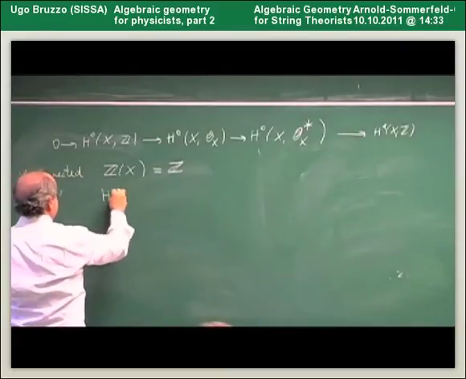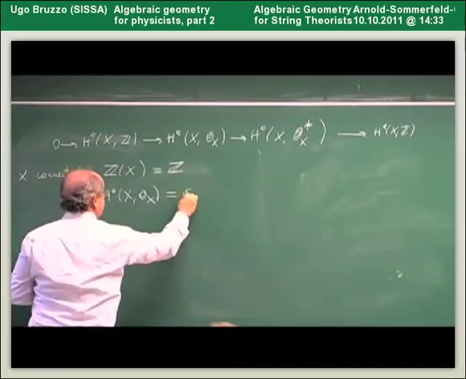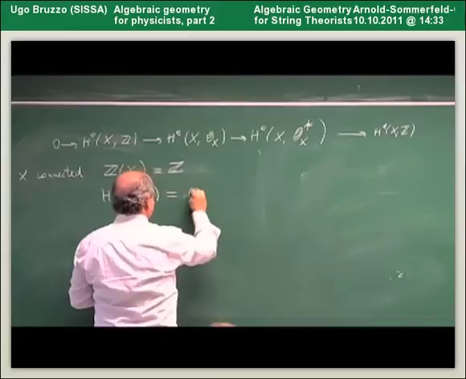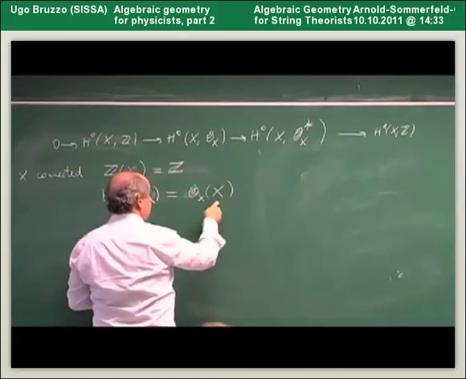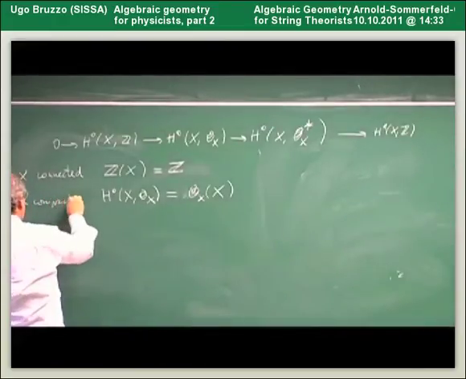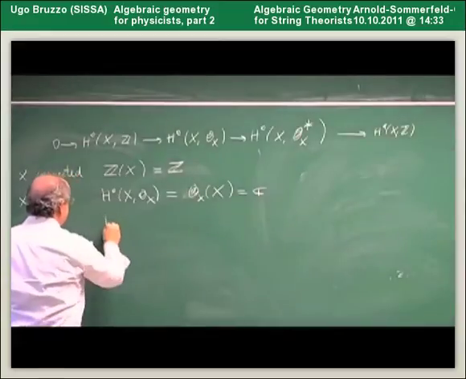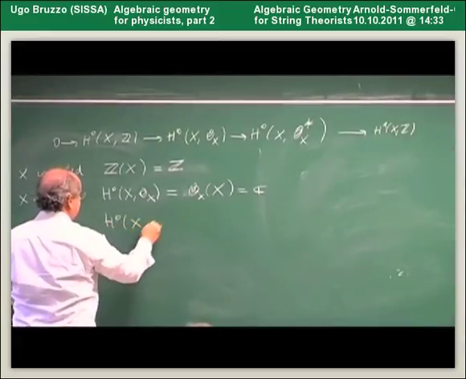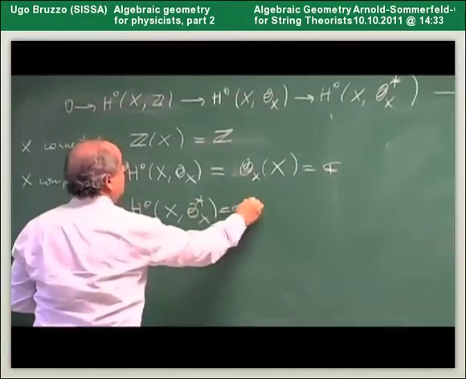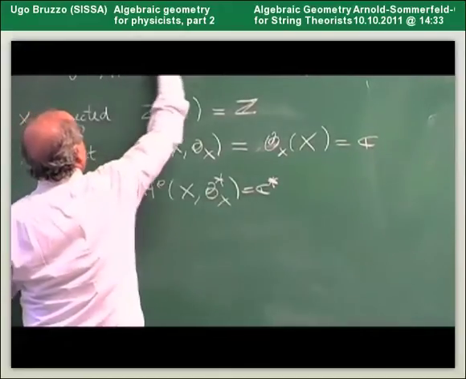In the same way, this is C, because this is the holomorphic functions on the whole space. And if X is not only connected but also compact, this is C. In the same way, if we consider non-vanishing functions, this will be C star. The upshot of this is that this exact sequence is this one.